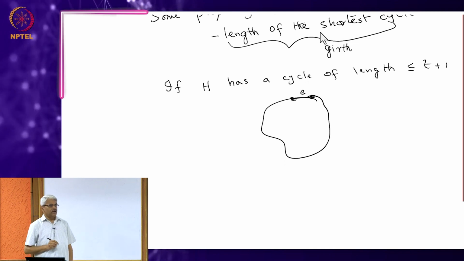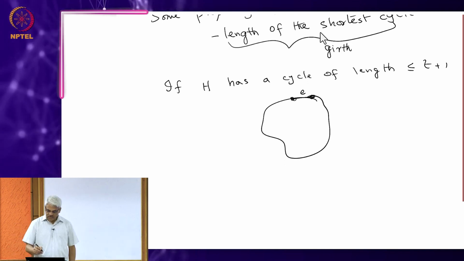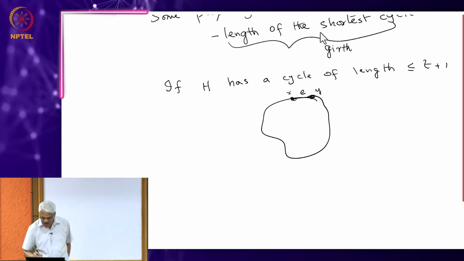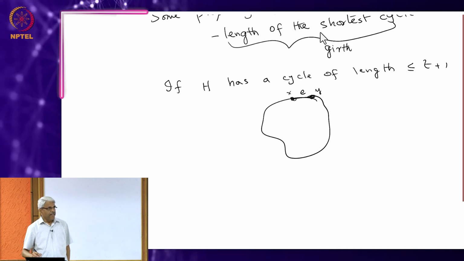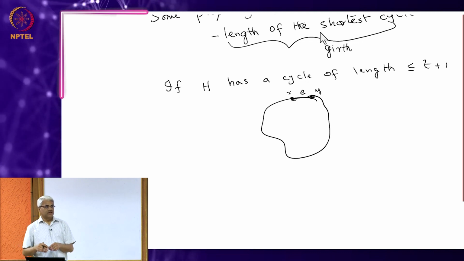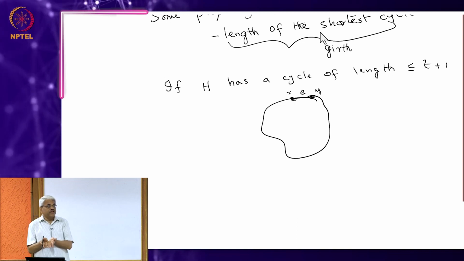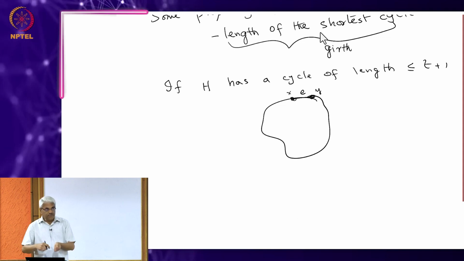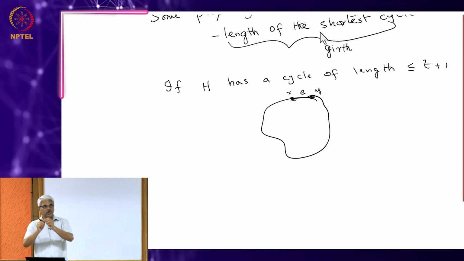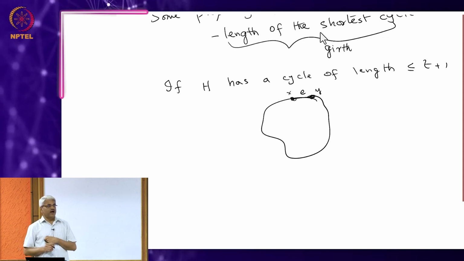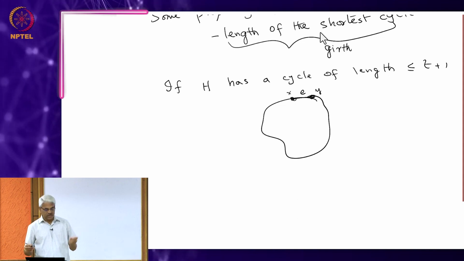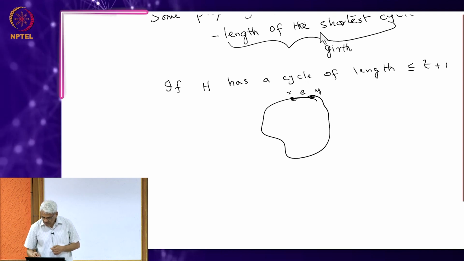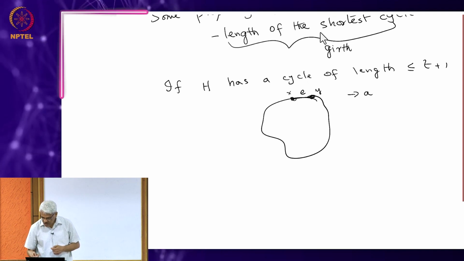But notice that there is a path between x and y of length at most t, the remaining edges of the cycle. In that case, I will not have added E. That is my algorithm, right? Because if there is a path between x and y of length at most t, do not add that edge. So I will not have added that edge. Okay, so that is a contradiction.